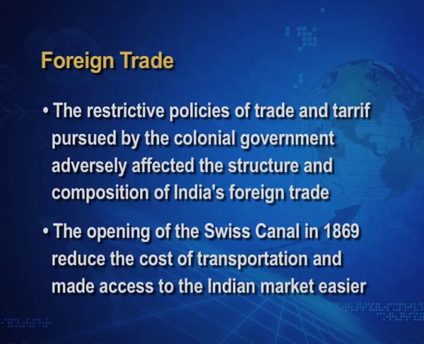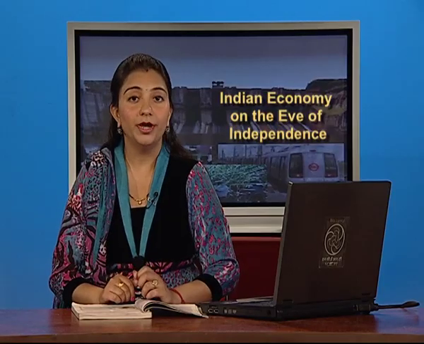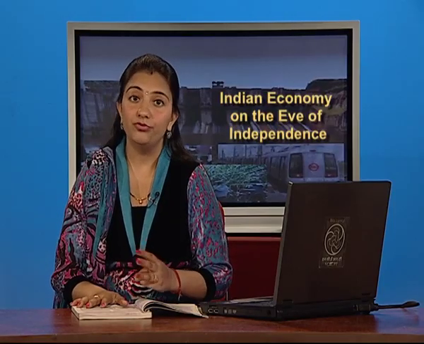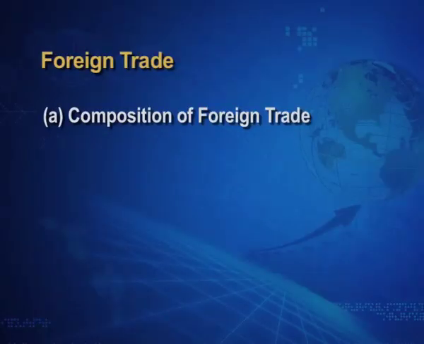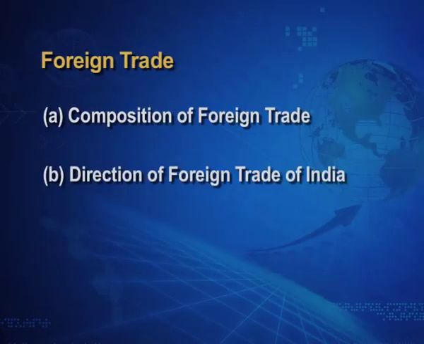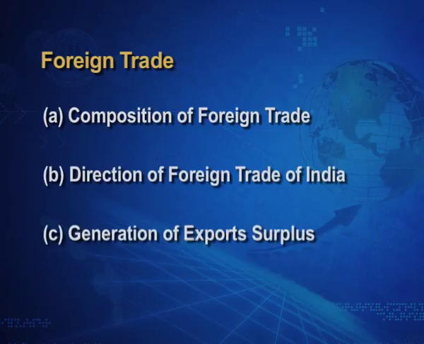The opening of the Suez Canal in 1869 reduced the cost of transportation and made access to the Indian markets easier. Under foreign trade, we will be discussing three main things: the composition of foreign trade, the direction of foreign trade of India, and the generation of export surplus.